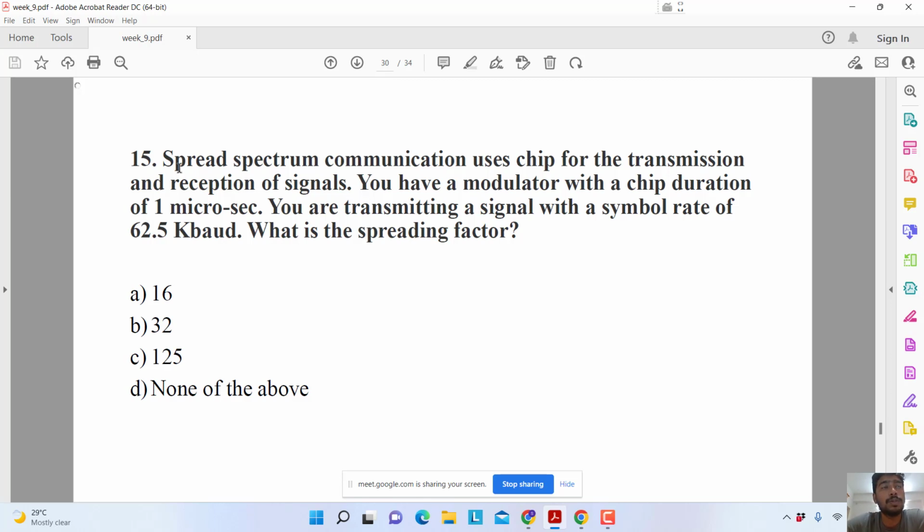Again, I am repeating this question. Spread spectrum communication uses chips for the transmission and reception of signals. You have a modulator with a chip duration of 1 microsecond. You are transmitting a signal with a symbol rate of 62.5 kbaud. So what is the spreading factor? The options are 16, 32, 125, none of them.